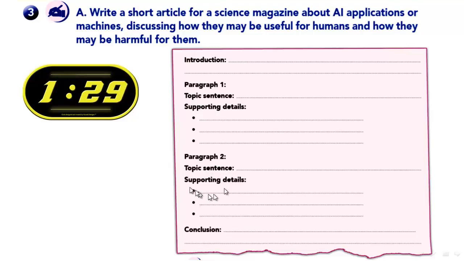The same thing here, you should write 3 supporting details to clarify the second idea, the disadvantage of artificial intelligence. In the conclusion, you should write a concluding sentence to conclude your paragraph about artificial intelligence.